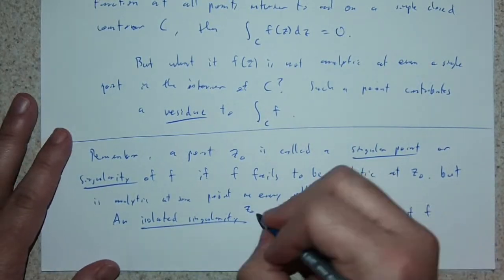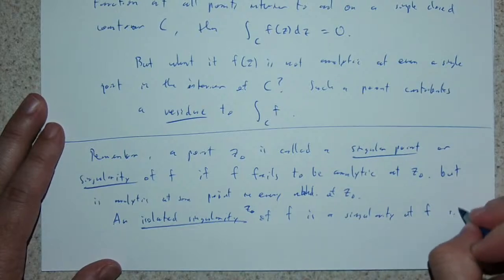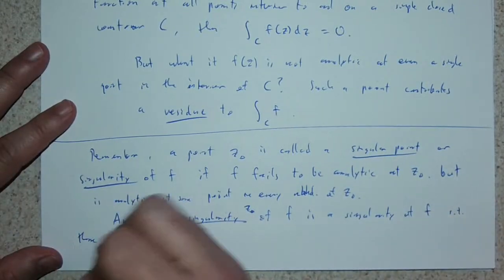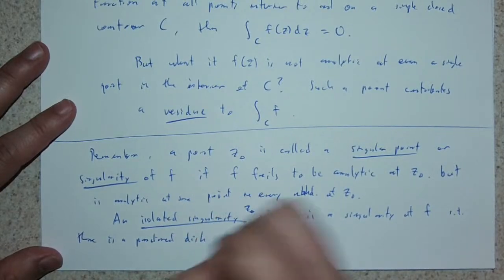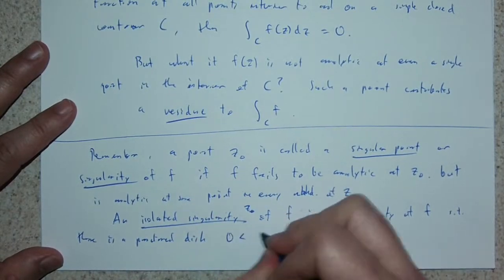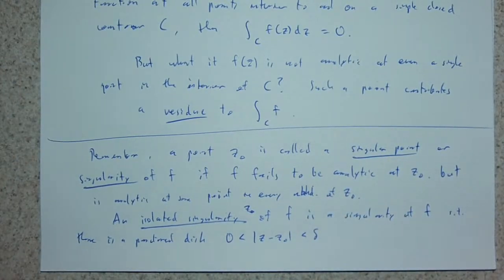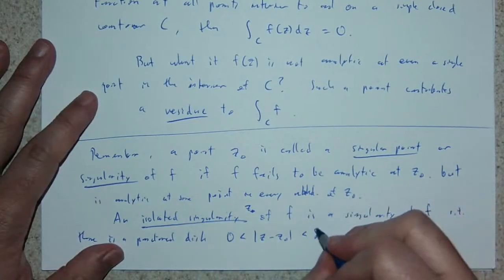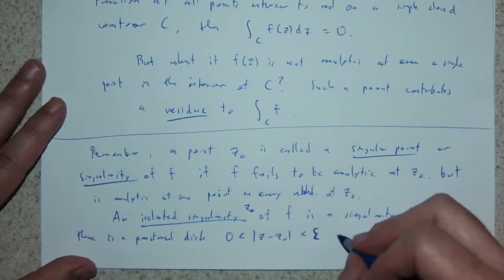So an isolated singularity z0 of f is a singularity of f such that there is a punctured disk given by the modulus of z minus z0 strictly between 0 and, say, I used delta here, I meant epsilon, Freudian slip, such that there is a punctured disk on which f is analytic.